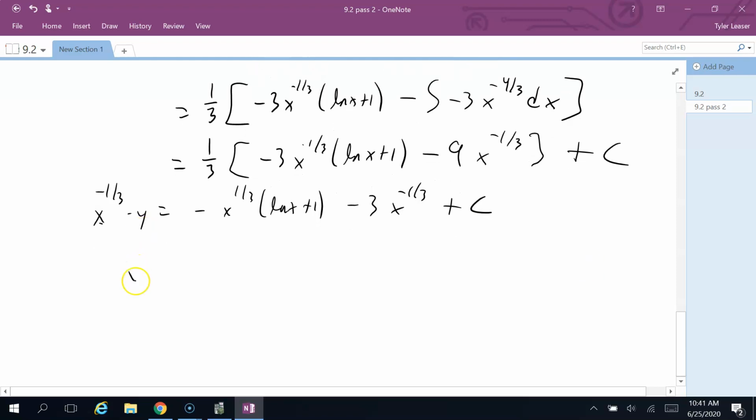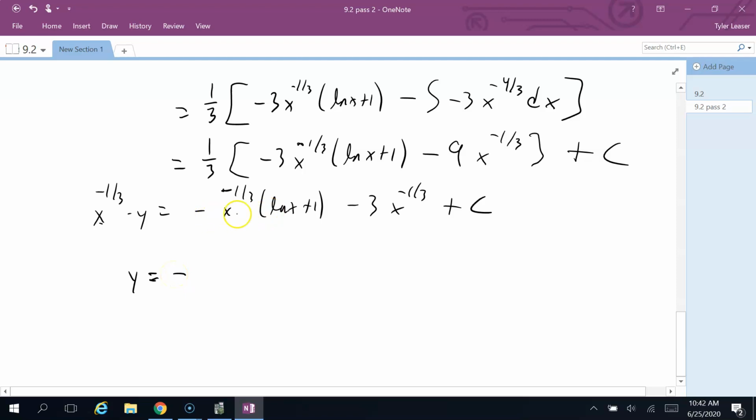Trying to get the y by itself, we want to get rid of this x to the negative 1/3. To do that, we're going to multiply everything by x to the 1/3. I forgot my negative sign. This is supposed to be x to the negative 1/3 out in front here. Okay, so multiplying everything by x to the 1/3. They cancel out here, so you're still going to get that negative sign.